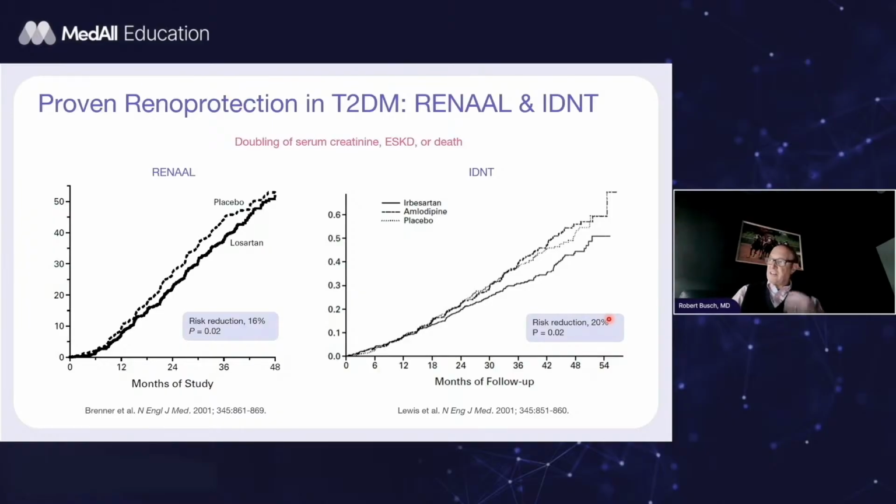So all of a sudden, RAS blockers were in the drinking water, dilating the efferent arteriole for hemodynamic benefit, lowering glomerular pressure by dilating the outflow from the kidney.